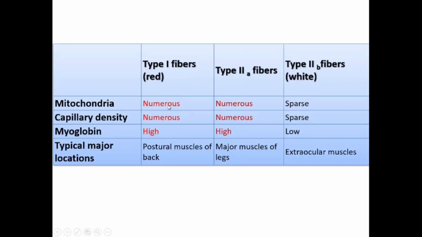Why they are different, you can see in this table. The slow type 1 fibers, or red fibers, we said they contract for longer times without fatigue.